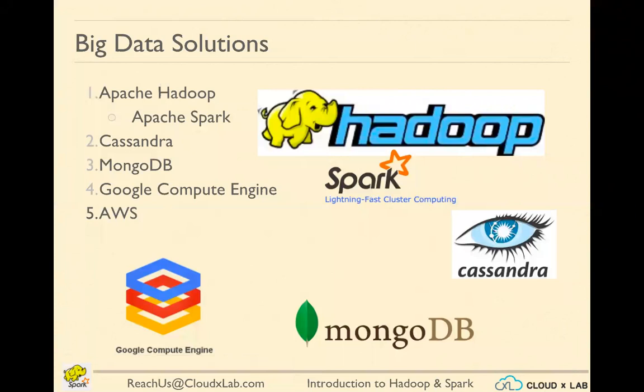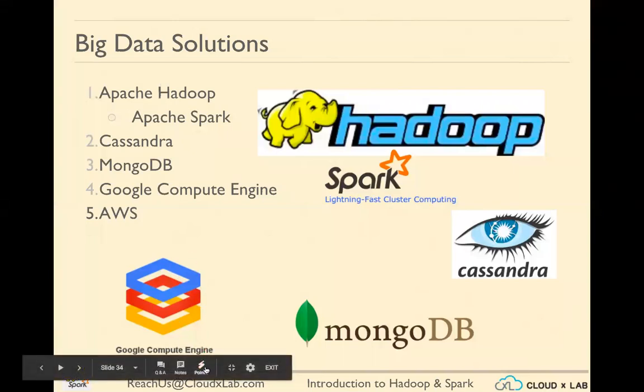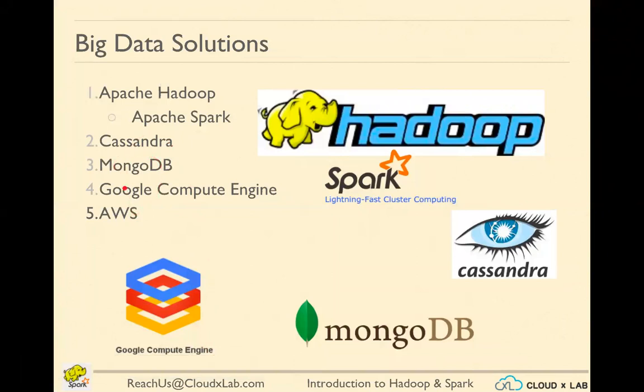Okay. Question from Noor is, do these solutions provide only big data storage on distributed systems, or is it more than that? It does not only provide big data storage, these also provide processing on top of big data, right? Most of these systems slice the data and distribute it on many computers, and to do the processing in such a distributed environment, it's better to distribute the computing instead of bringing the data together.